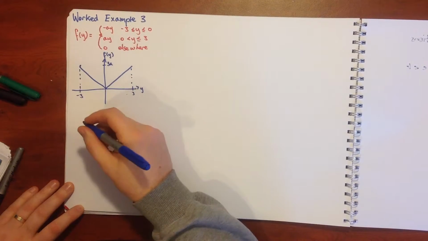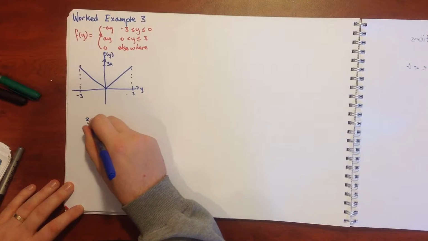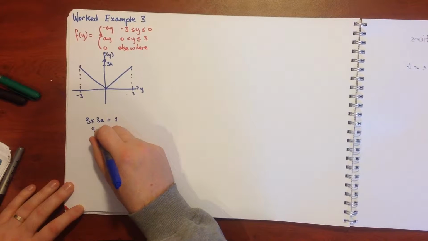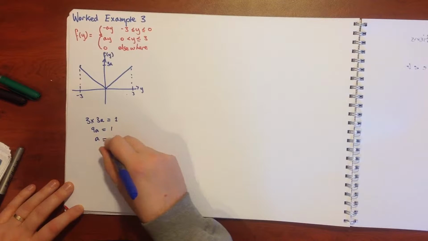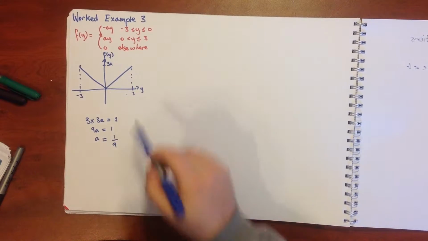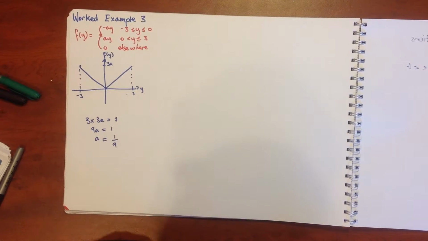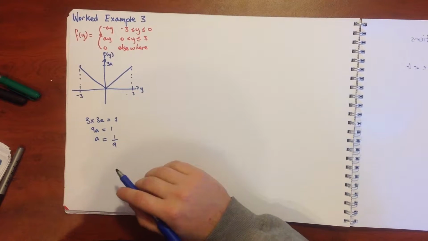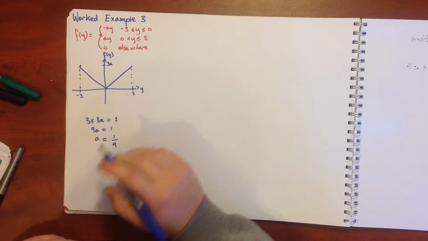So you can really say that 3 times 3a is equal to 1. So 9a is equal to 1, so a is equal to 1 on 9. Whenever you can, use your knowledge of geometry to solve these things. Don't integrate unless you absolutely have to. So we know that a is 1 on 9.